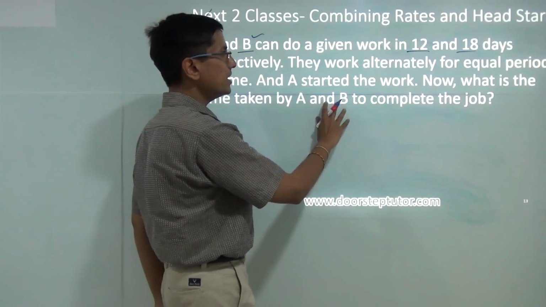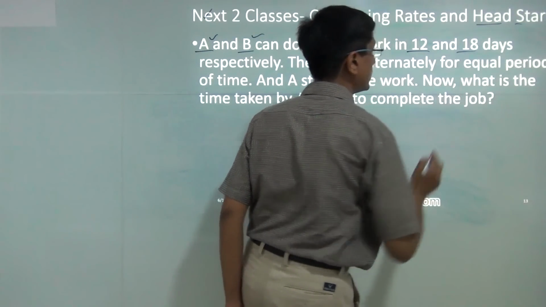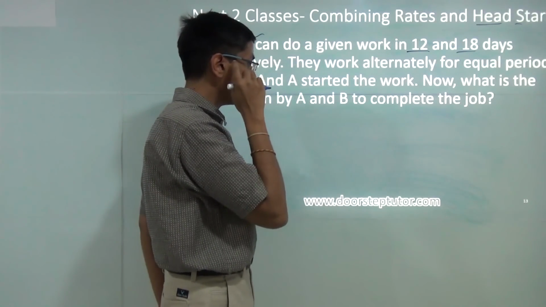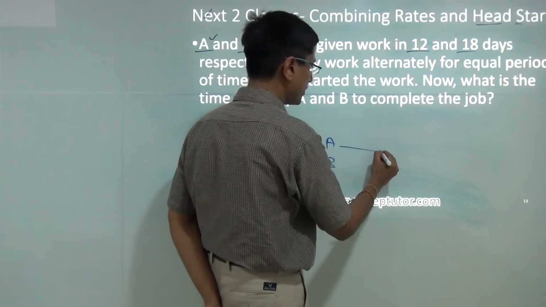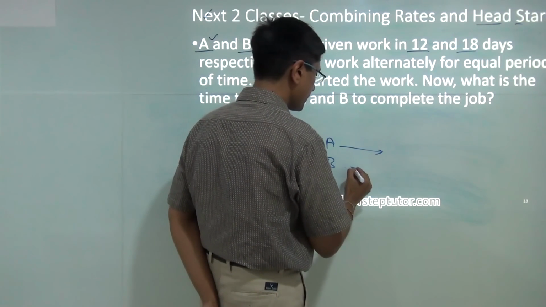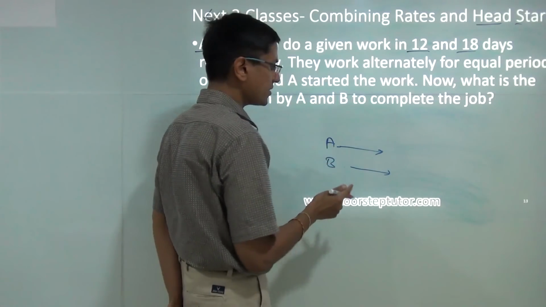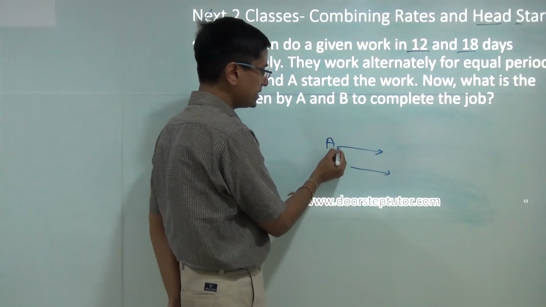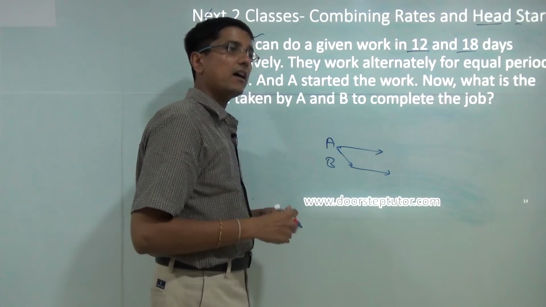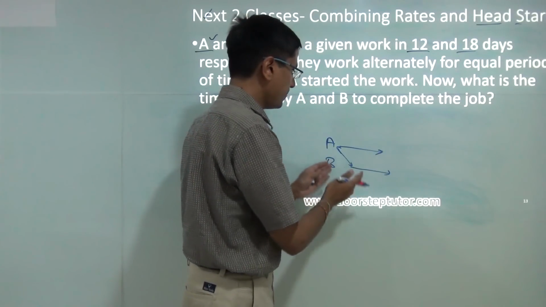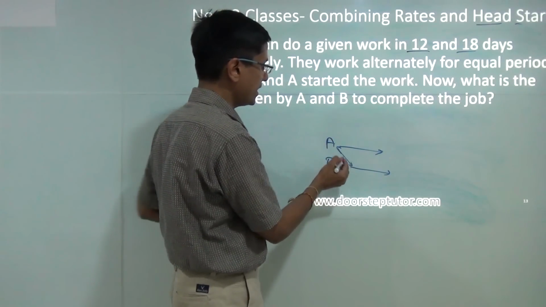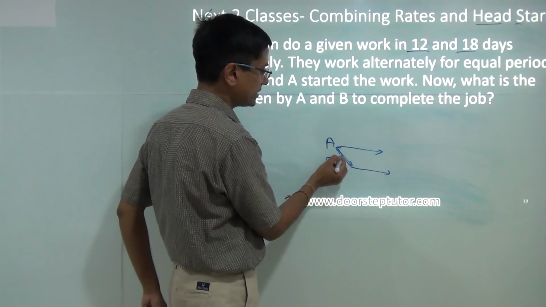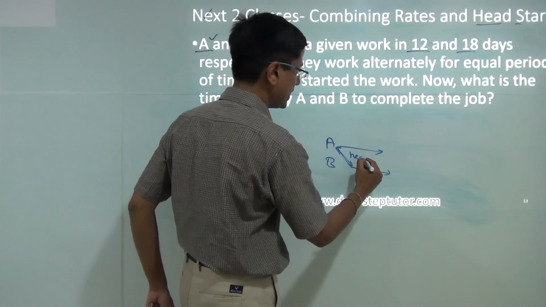Right? Similarly, if you see a question in which there is a head start, so what is a head start? If there are two people A and B, both working on a task, and if A starts a task before B, we say that B is giving a head start to A. This difference in time is known as head start.